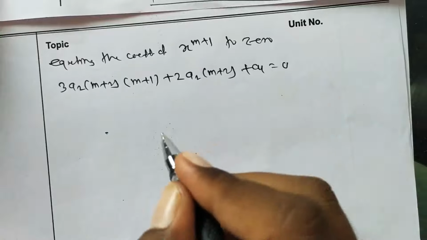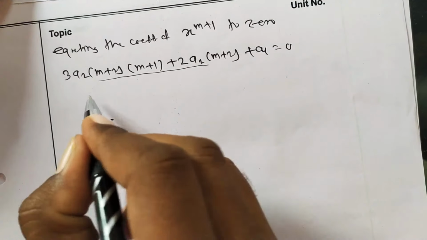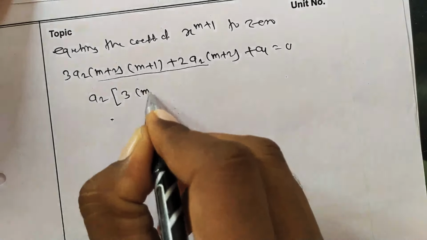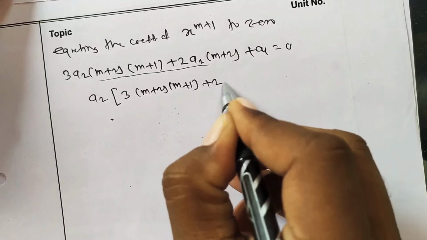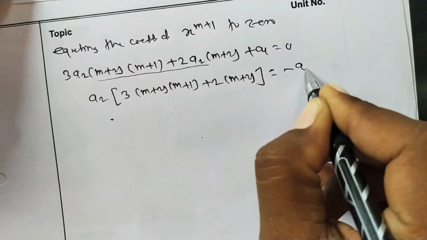Okay, now from these two terms we can take a2 common. So if we take a2 common, the remaining terms are 3 into (m plus 2)(m plus 1) plus 2 into (m plus 2) is equal to minus a1.